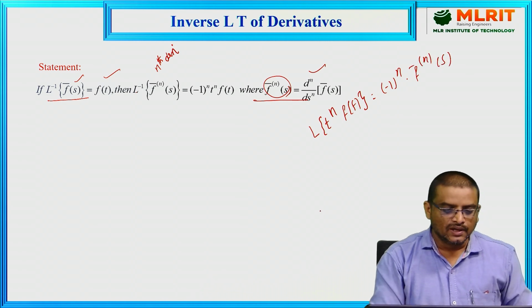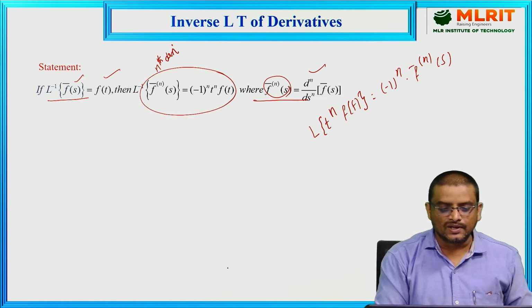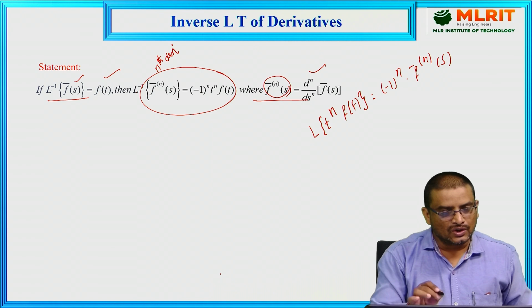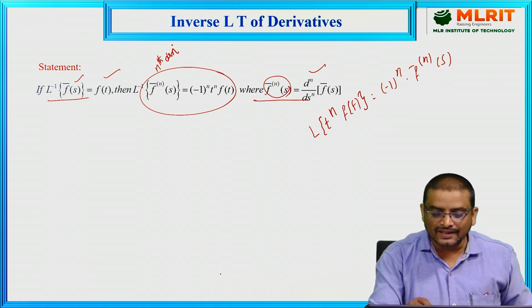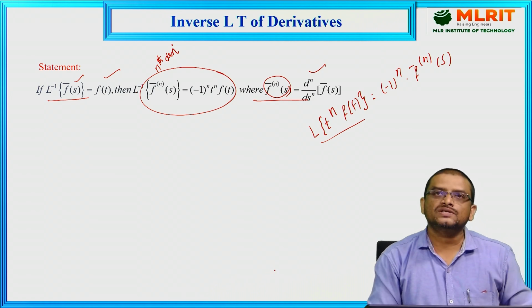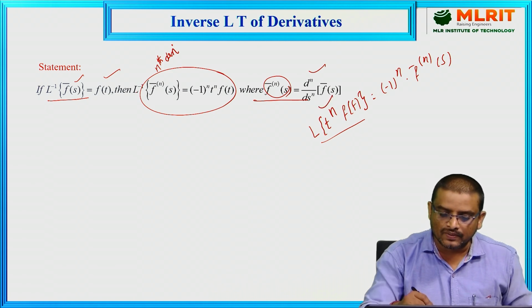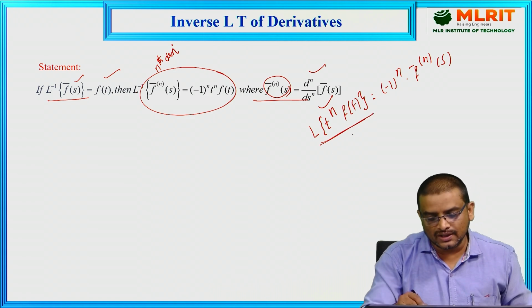In order to prove this condition which we are studying in the inverse Laplace transform of derivative, let us take the help of the Laplace transform of t power n into f of t. While we were discussing the Laplace transform of f of t, whenever that f of t is multiplied with t power n, we have proved that condition.